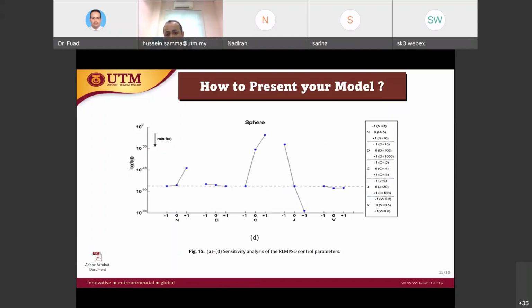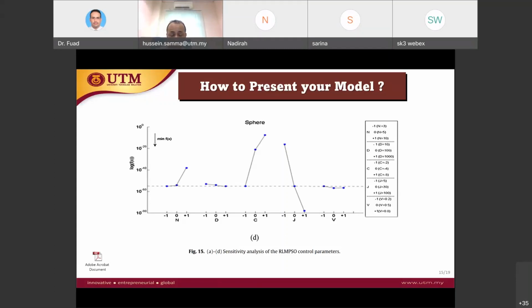For instance, assuming that you are proposing different steps to improve such a model, now automatically you are inviting yourself to investigate the influence of each step individually. So you see here, we are trying to highlight the influence of each parameter individually.